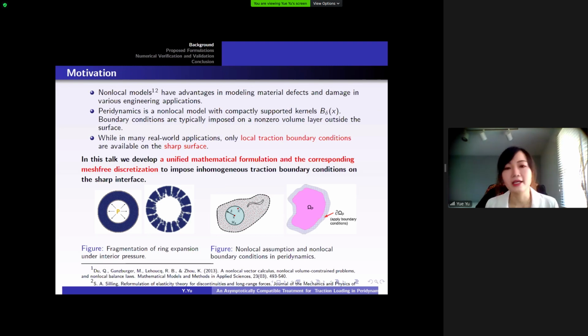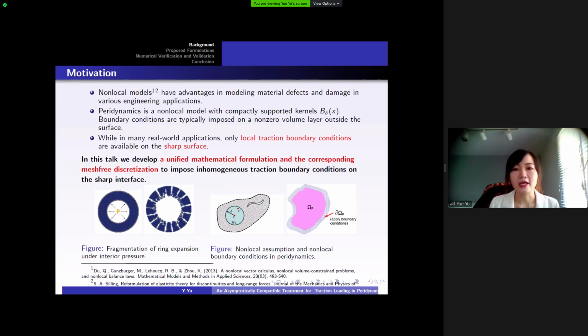On the other hand, we hope to still keep the nice property of peridynamics, a unifying mathematical framework for the damaged and undamaged regions. So we hope our formulation for the traction loading is also a unifying formulation for material points far away from the traction loading boundary and close to it. We hope to use one formulation to describe that.